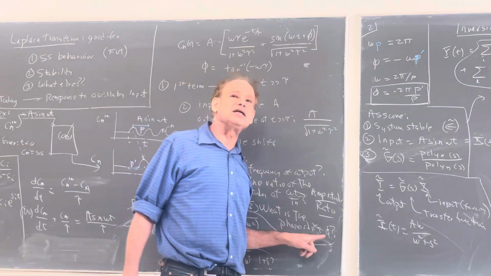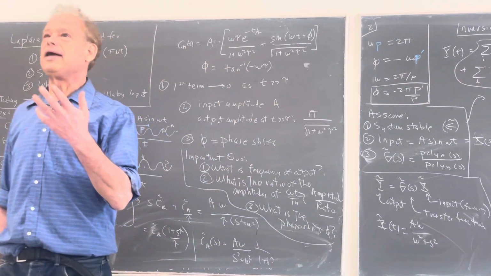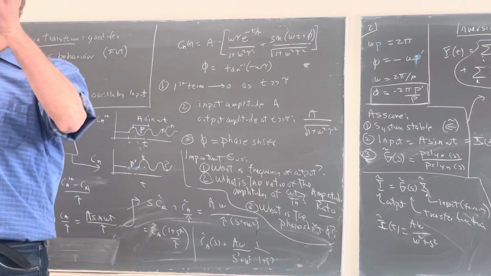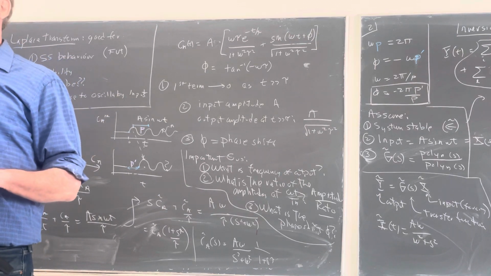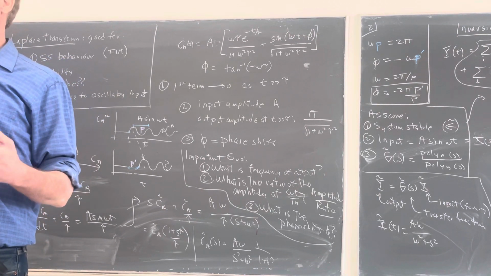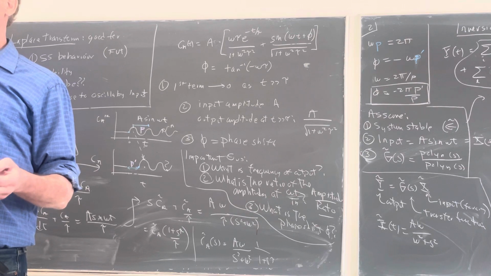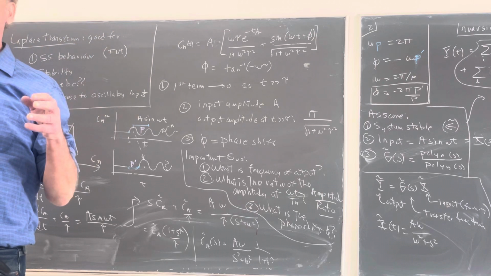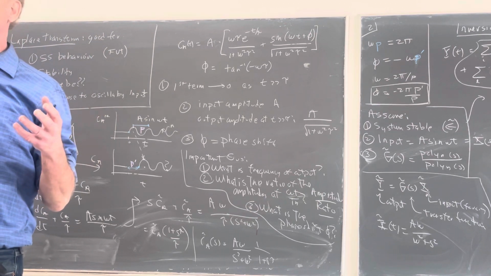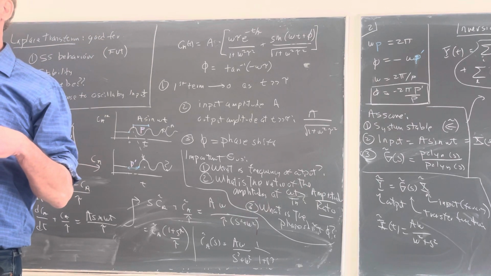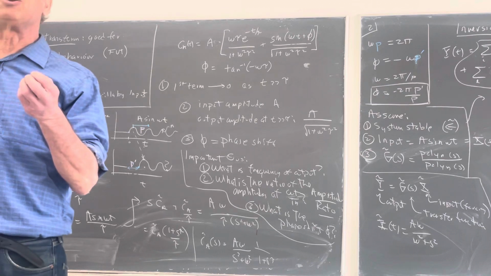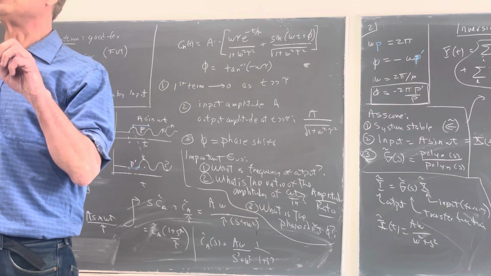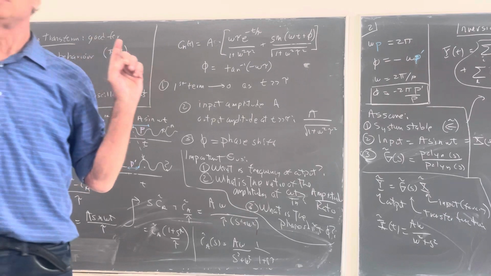That tells me if phi is too big, in that case, I'm the control system. If phi is too big, the system's going to be a lot harder to control. So it's a key thing for control. A big phase lag, or big phase shift, is going to make control a lot harder. So you as a control engineer have to work harder to deal with it. So that's why I care about that.